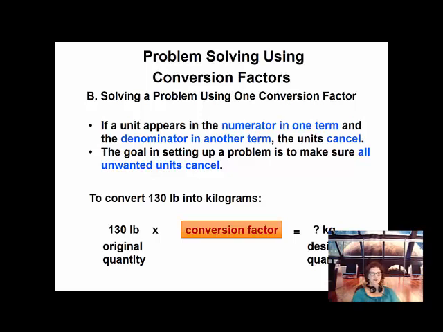So if I convert 130 pounds into kilograms, I'm going to start with 130 pounds, and then I'm going to have some conversion factor that's going to get me to kilograms, because my question is saying convert 130 pounds to kilograms. So I know what that's going to be, don't I? Because I already said that I like the 2.20 pounds in 1 kilogram, because that's what I've used in medical before.